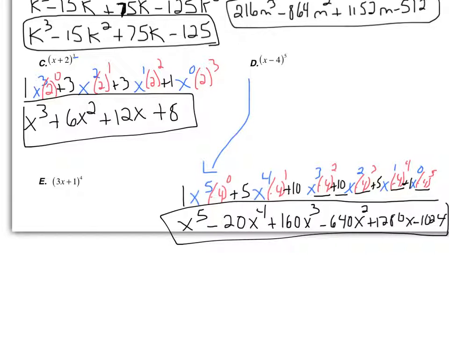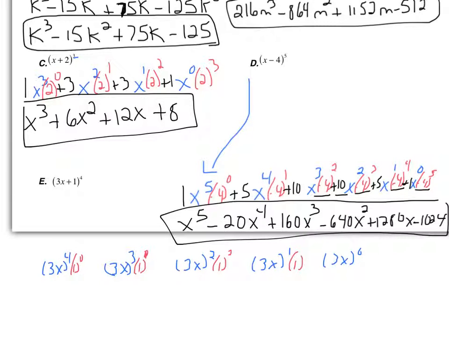In our next example, E, I'm going to start off with 3x, and we have to the 4th power. So 3x to the 4th, 3x to the 3rd, 3x to the 2nd, 3x to the 1st, and 3x to the 0. And then we're going to go reverse. So we have 1 to the 0, 1 to the 1st, 1 to the 2nd, 1 to the 3rd, and 1 to the 4th.